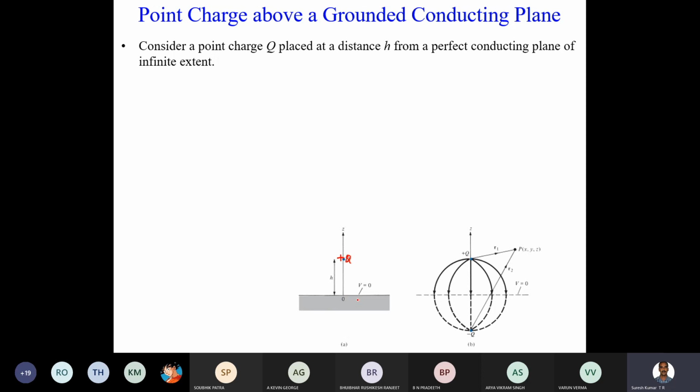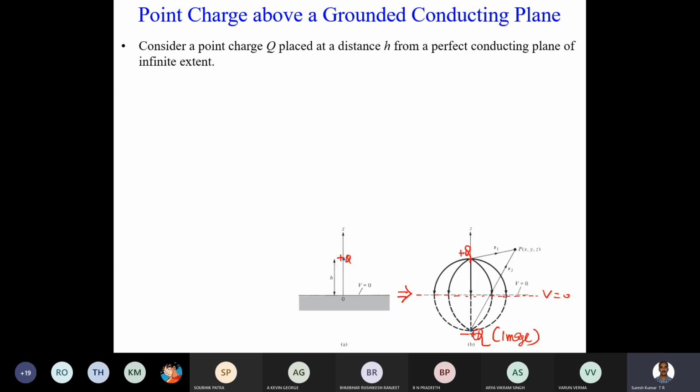It's an equipotential body. Assume it's at 0 potential. Now you can see it is replaced. This is a positive charge, and at the same height h below, an image is created. So this is the image, and this metal is replaced with an equipotential plane, V equal to 0.